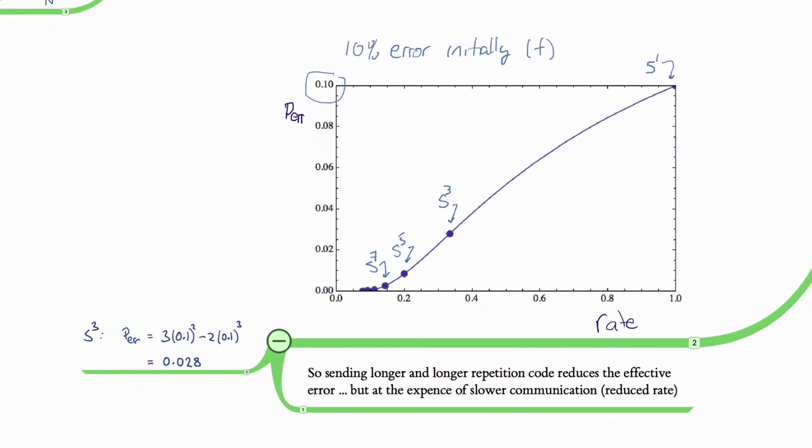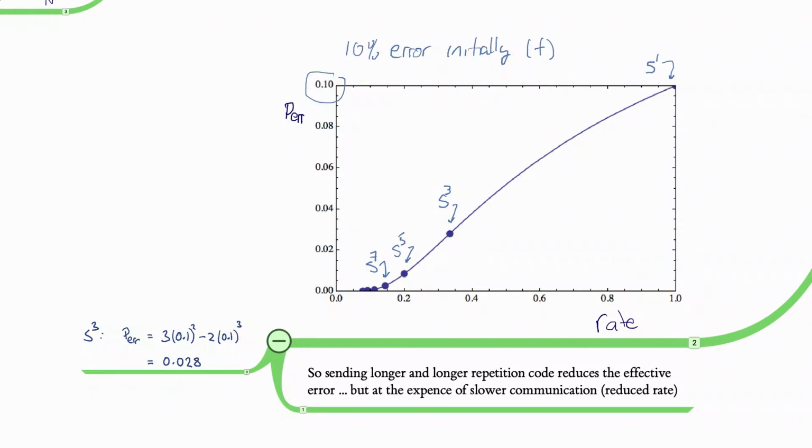So let's take the probability of a flip to be 10%, so 0.1. Then if we were to use a single symbol, then our error rate would be 10%, and our rate of communication would be 1. By using an encoding across 3 symbols, our rate now drops to a third, and our error rate is just going to be that leading term in the expansion, which works out to be 0.028, which is somewhere around there.